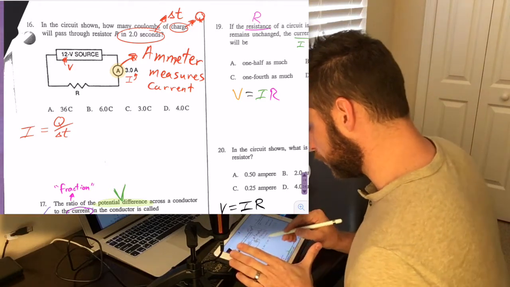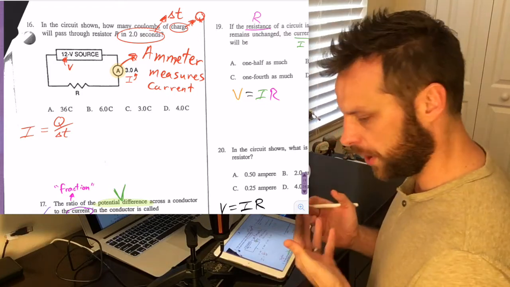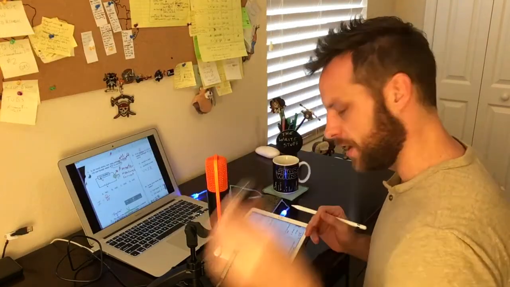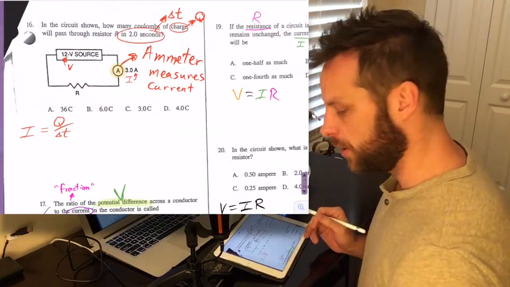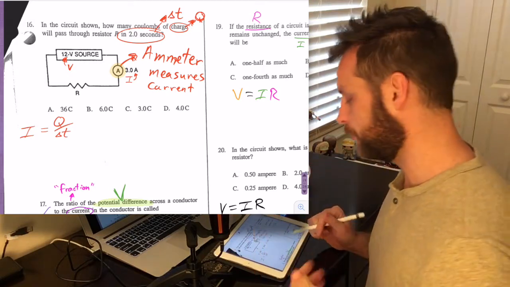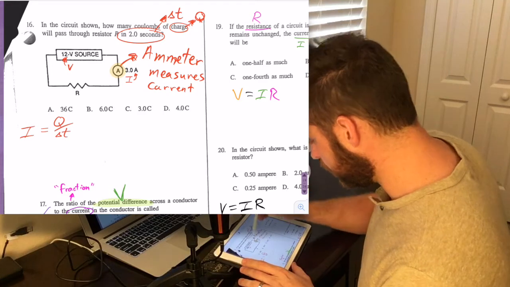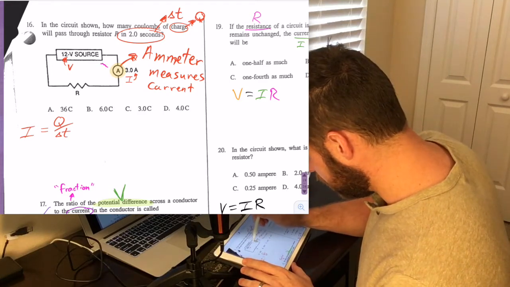And then they draw the circuit for us. It's very nice. They show that we have a 12-volt source, probably some kind of battery. Now, these batteries are all 1.5 volts, but maybe you chain them together, and you get 1.5 plus 1.5 plus 1.5, and you get 12 eventually. So maybe you have a 12-volt source, and it's going to run current.